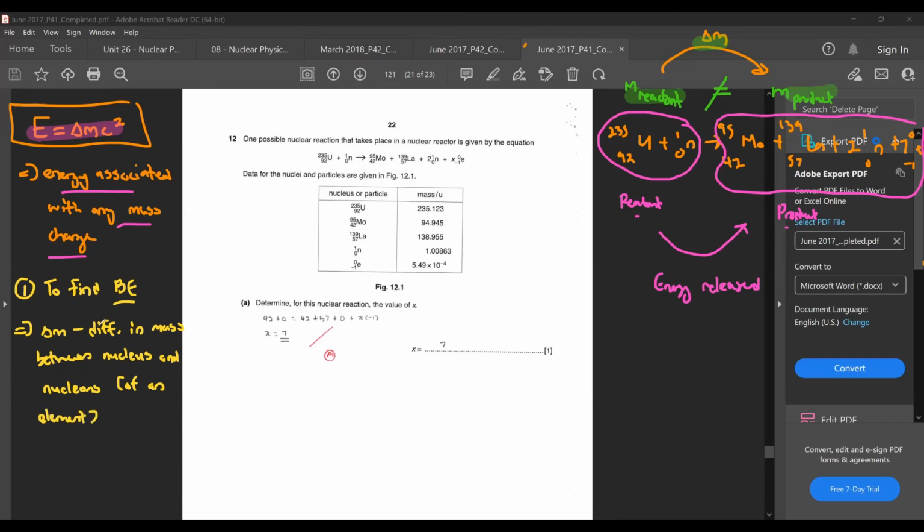You can use it to find BE, where delta M is the difference in mass between nucleus and nucleons of an element, like just now when you were talking about lanthanum 139.